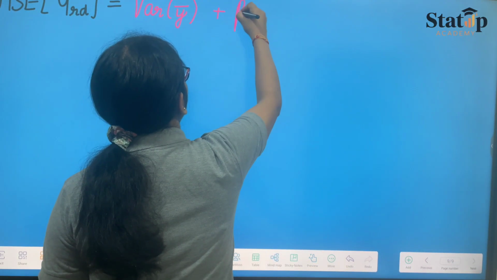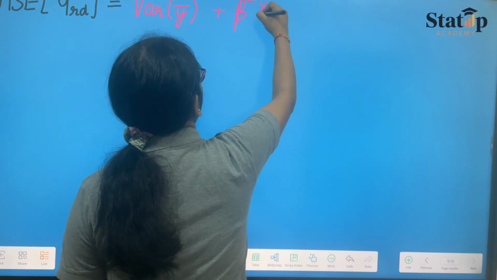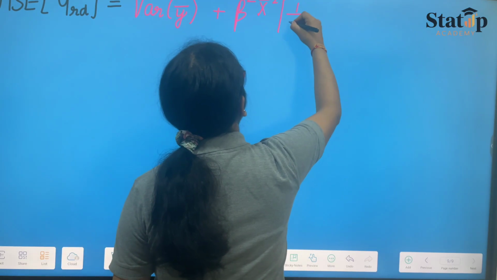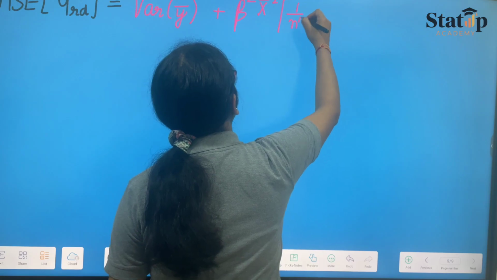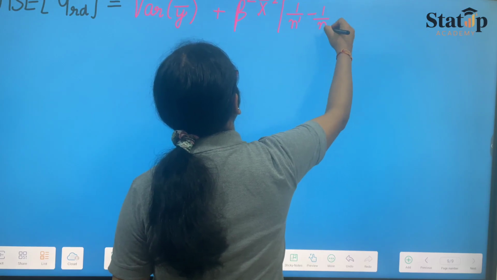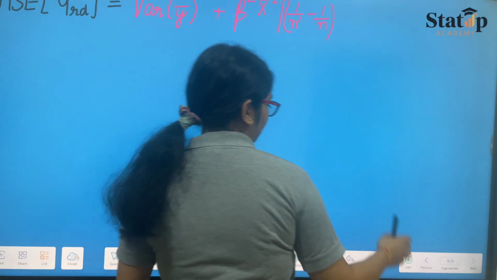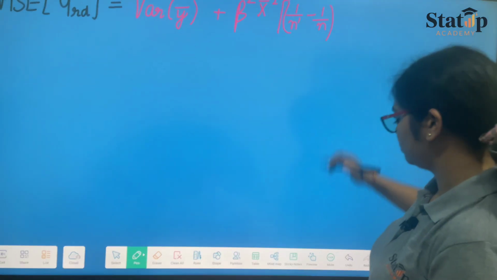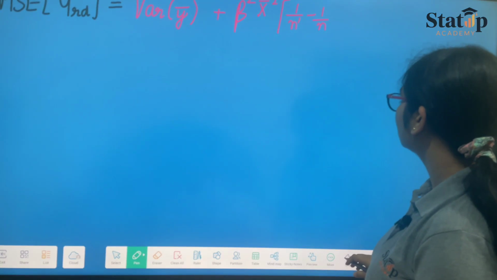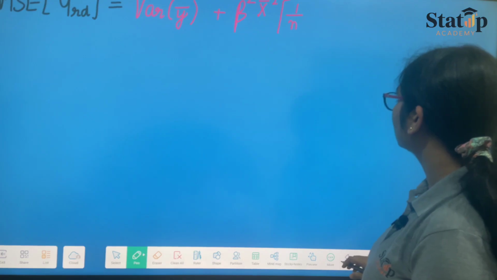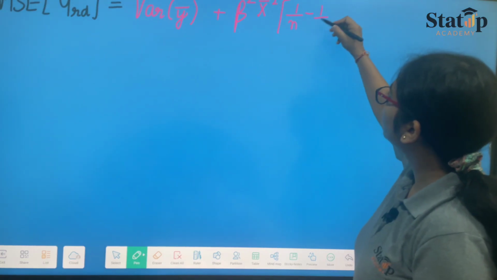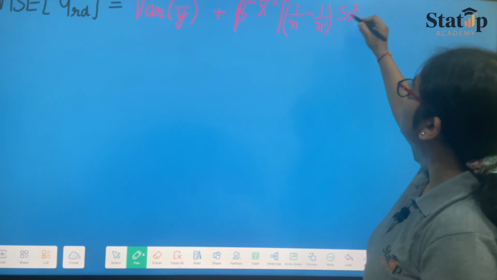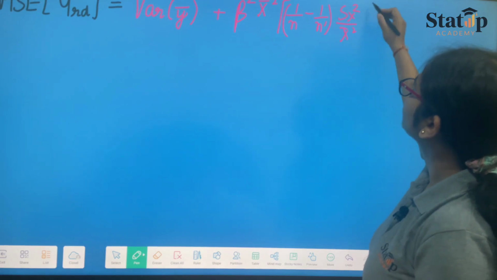So it will be beta cap square x bar square into 1 upon n prime minus 1 upon n, minus 1 upon n prime into sx square upon x bar square.